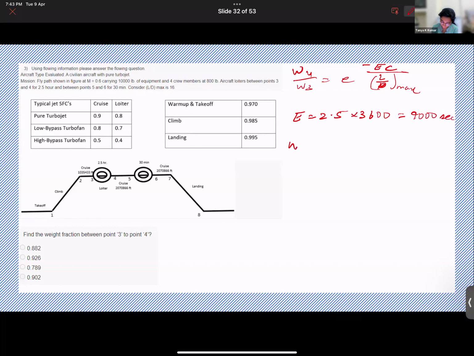Substitute all the values. You get W4 by W3 as 0.88.